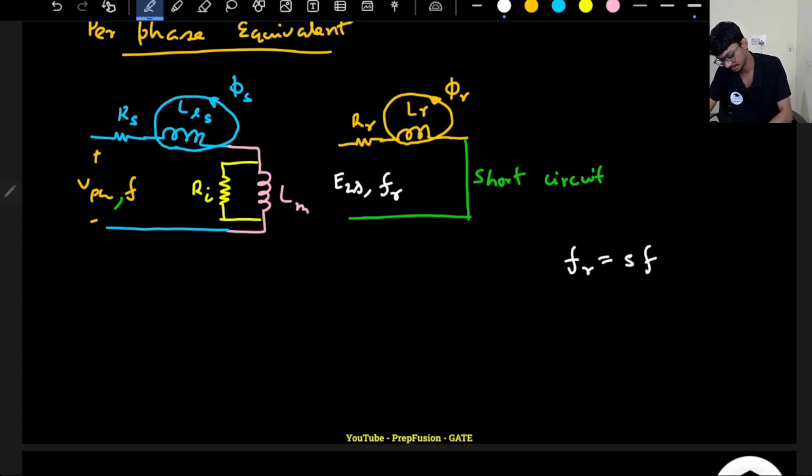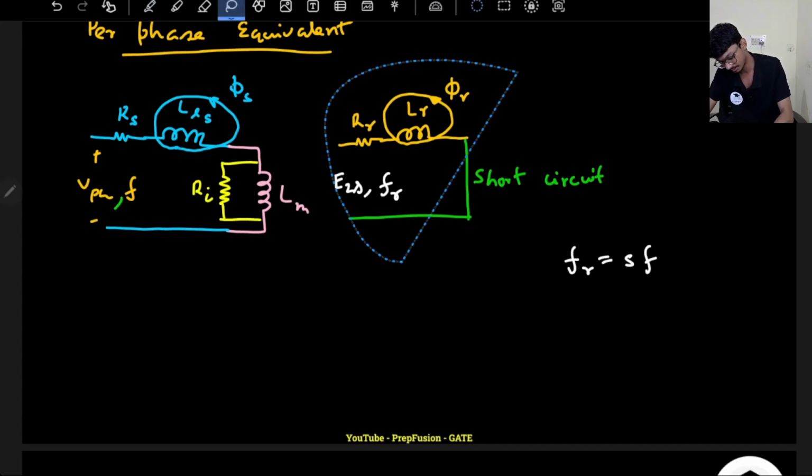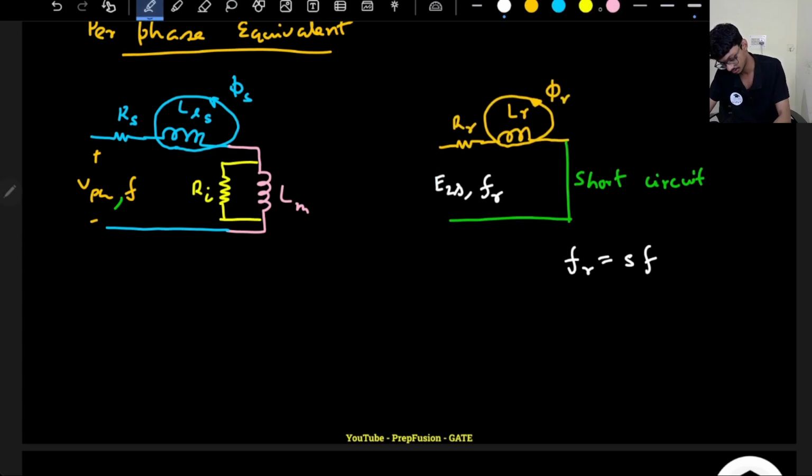Here I will have an induced EMF in the primary. This will be the induced EMF of the primary or of the stator, E1, and this will be the E2S. Let me write a few KVLs here. This is loop 1, and if I write the KVL here, what is the KVL?